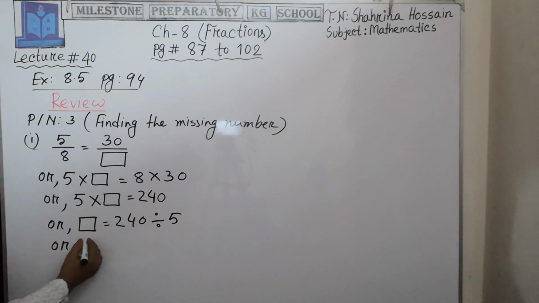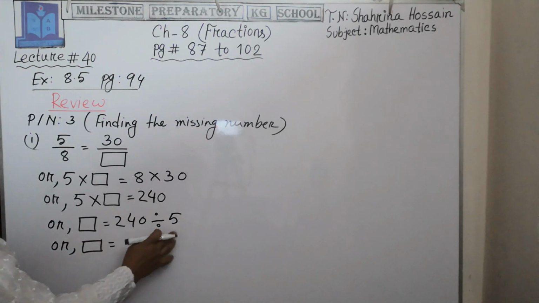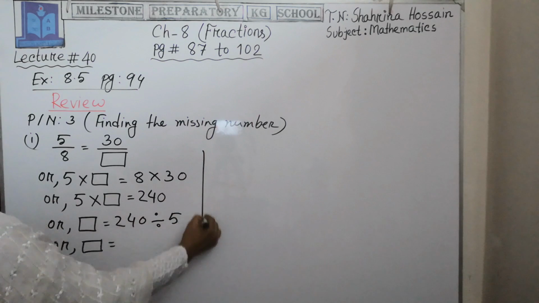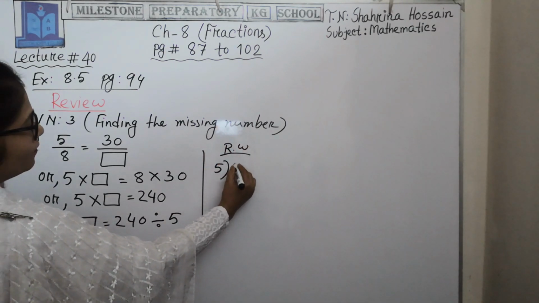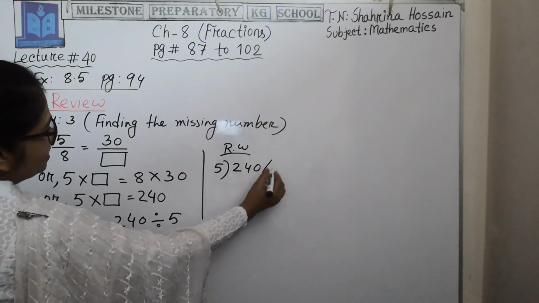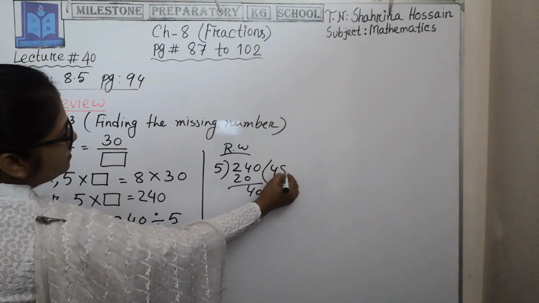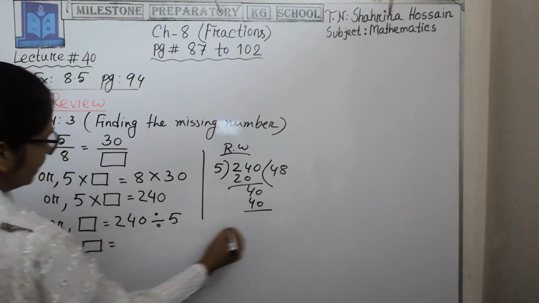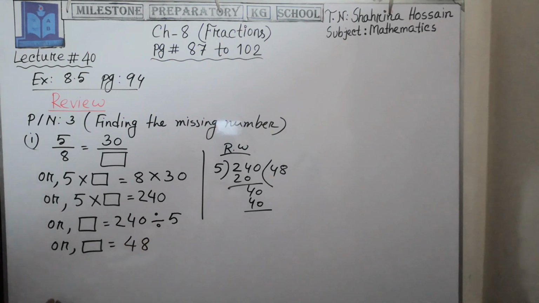Now box is equal to, so what will be the answer? We can do rough work here. 240 divided by 5. So 4 5s are 20, 8 5s are 40. So our answer is 48.